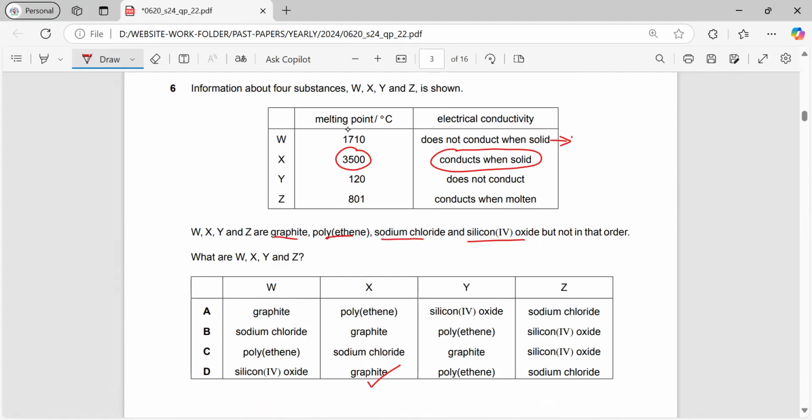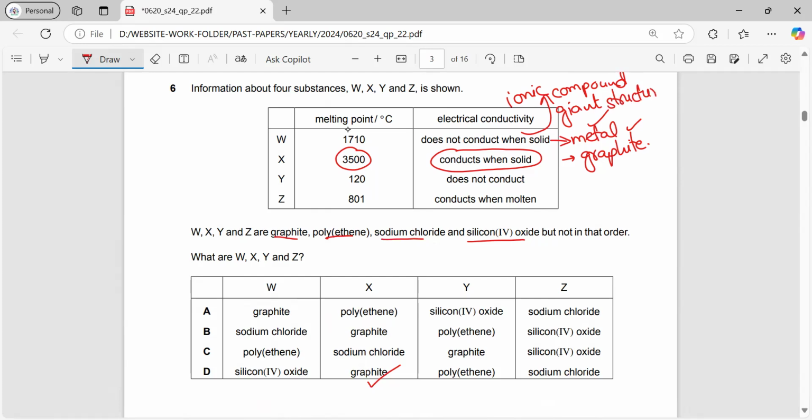So it means it's not a metal. It is not graphite, because metals and graphite can conduct in the solid form. If it is not conducting in the solid form, that means it's not a metal, not graphite. It can be an ionic compound, or it can be a giant structure which does not conduct electricity.